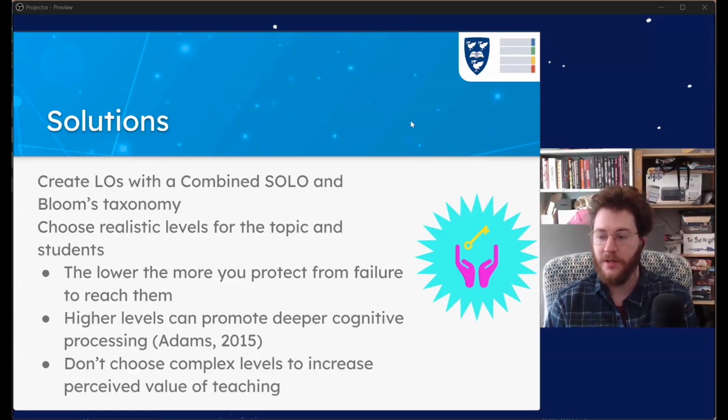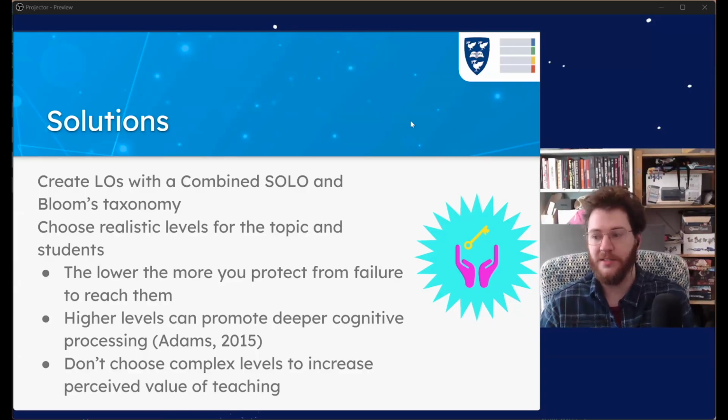The lower the level of your learning outcome, the more you protect from failure if the students don't reach them, because it's easier to reach lower levels. However, you want a higher level to promote deeper cognitive processing, but don't choose complex levels to increase the perceived value of teaching. So in essence, get it just right. Obviously, easier said than done.